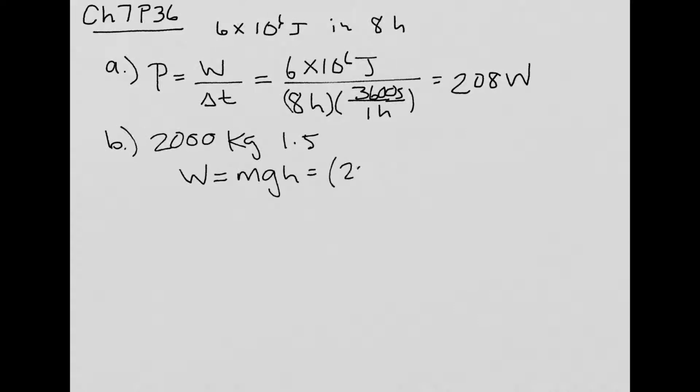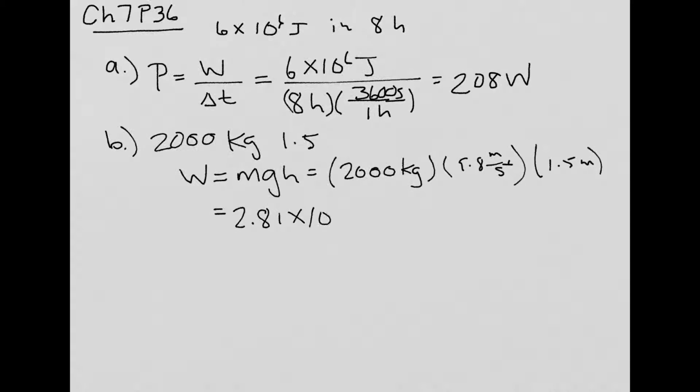So that's 2,000 kilograms times 9.8 meters per second squared times 1.5 meters. So the work that's needed to be done is 2.81 times 10 to the 6 joules.